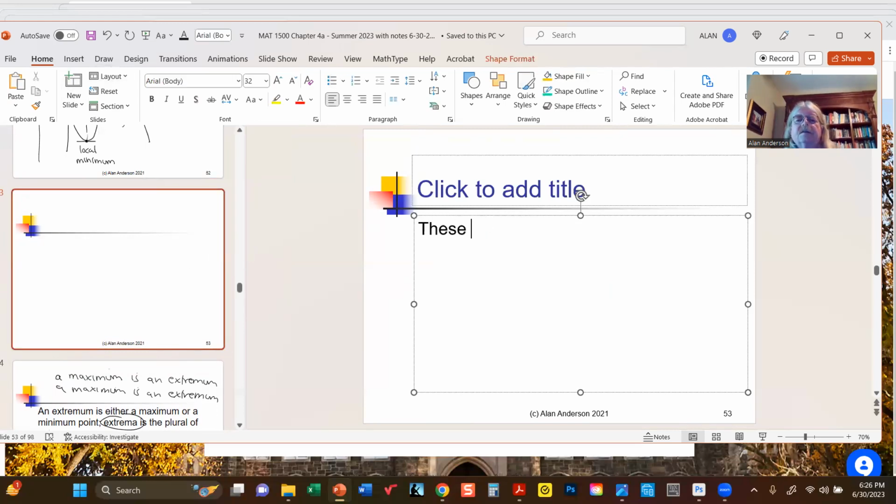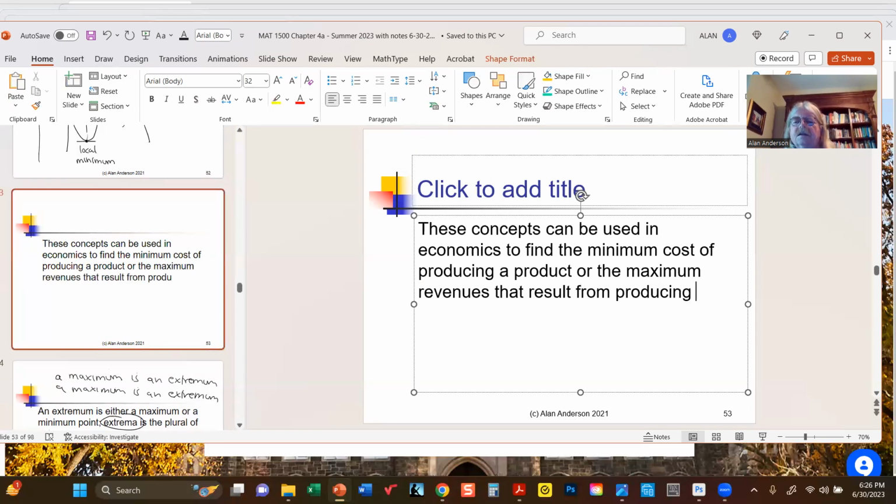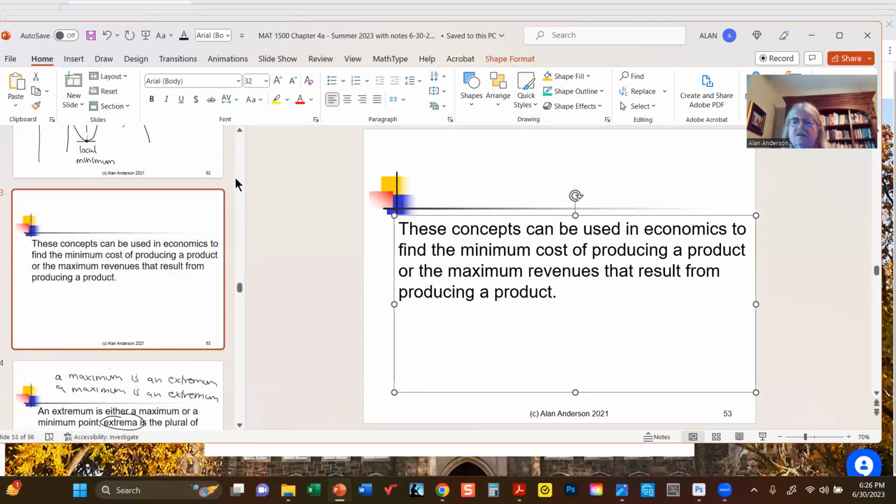These concepts can be used in economics to find the minimum cost of producing a product or the maximum revenues that result from producing the product. So you can imagine you had a function that represents our profits or our costs or revenues. We could use this setup to figure out where we should produce our product in order to either minimize our costs or maximize our revenues.